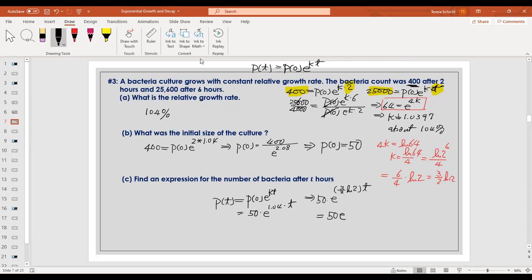So this is 50e, then you can move this as a whole thing inside. So this is 3/2 and the t here, right? Then here, these two are inverse functions, and you can cancel out. So the final answer, what is the final answer? So this will be 50, right?